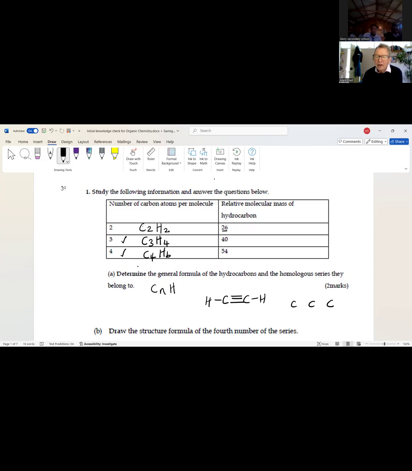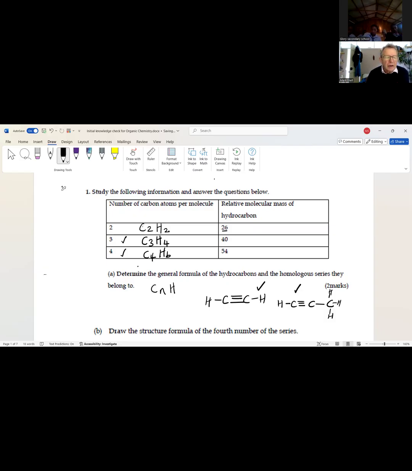Let's assume for a minute it's a triple bond again, then that would be a single bond. Will that fit? Well, this will have one hydrogen. This has got 4 bonds already, so no hydrogens. And this would have 1, 2, 3. Okay, so that fits. So that's an alkyne, that's an alkyne.